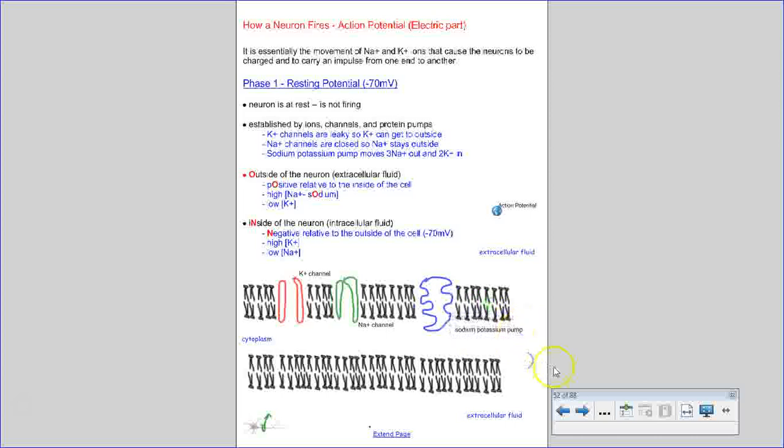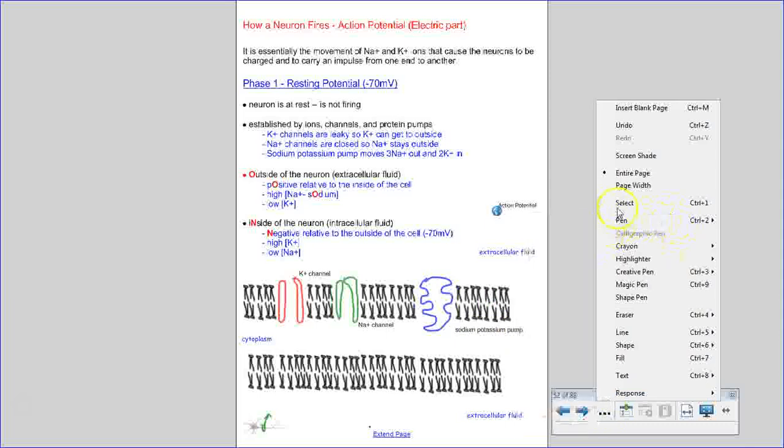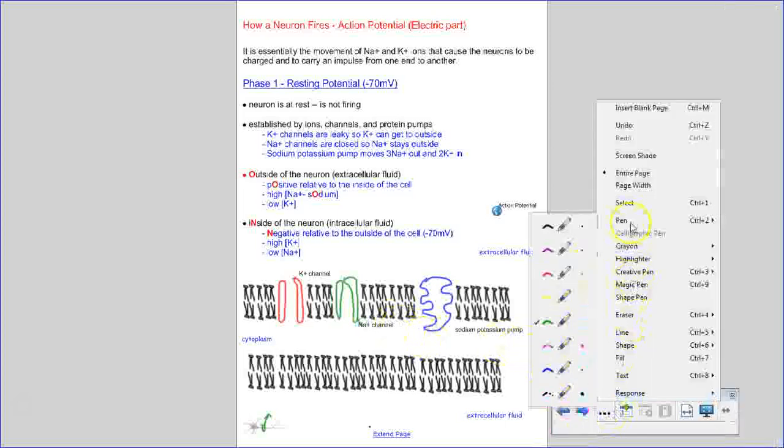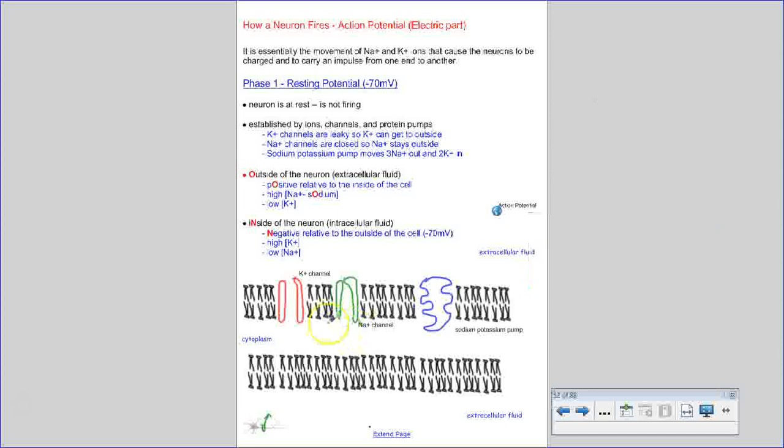Alright, so I apologize for being so finicky. So here is the sodium channel. This is the potassium channel.